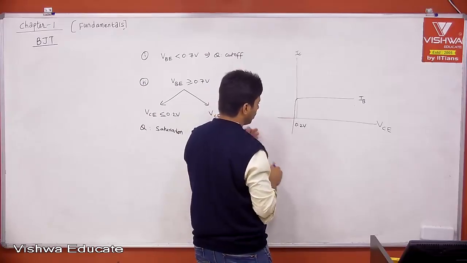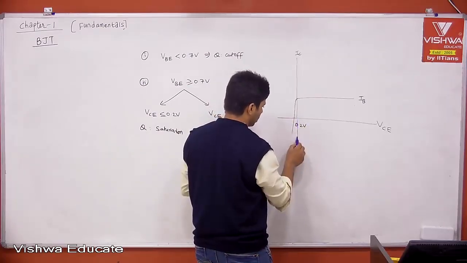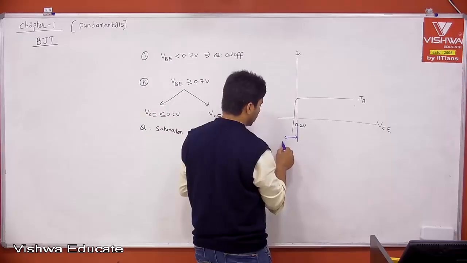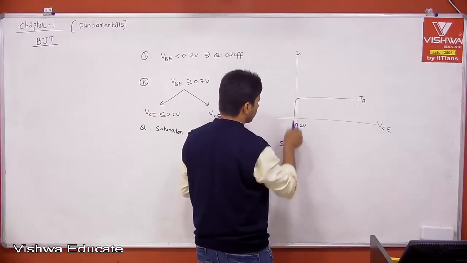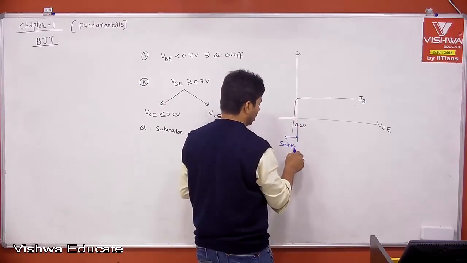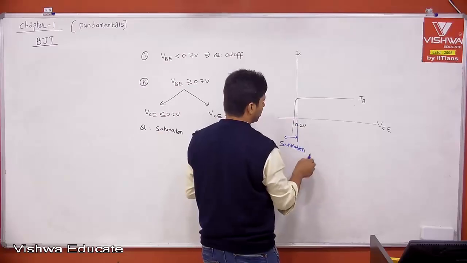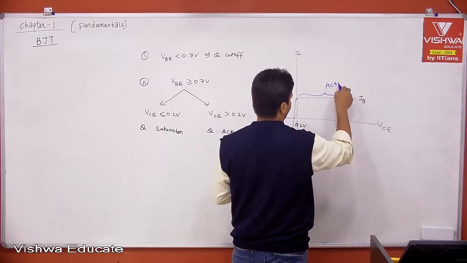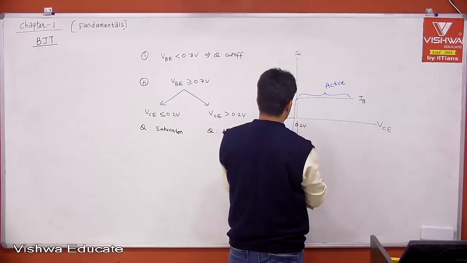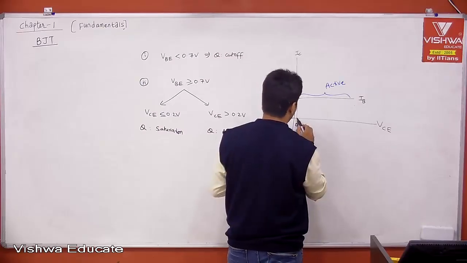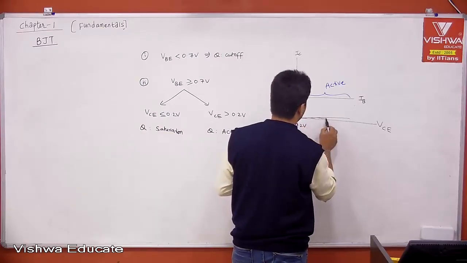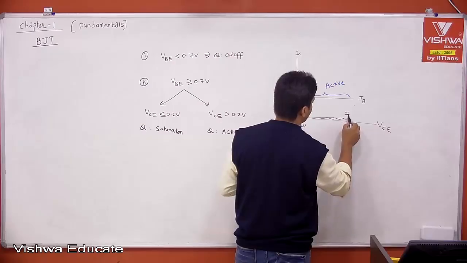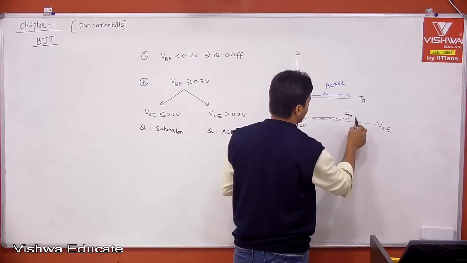Therefore, this is the portion that is your saturation. That's why people speak about this as saturation, and people speak of this as active region, and there is something called IB is approximately 0, then IC will have IC naught. This is your IC naught.